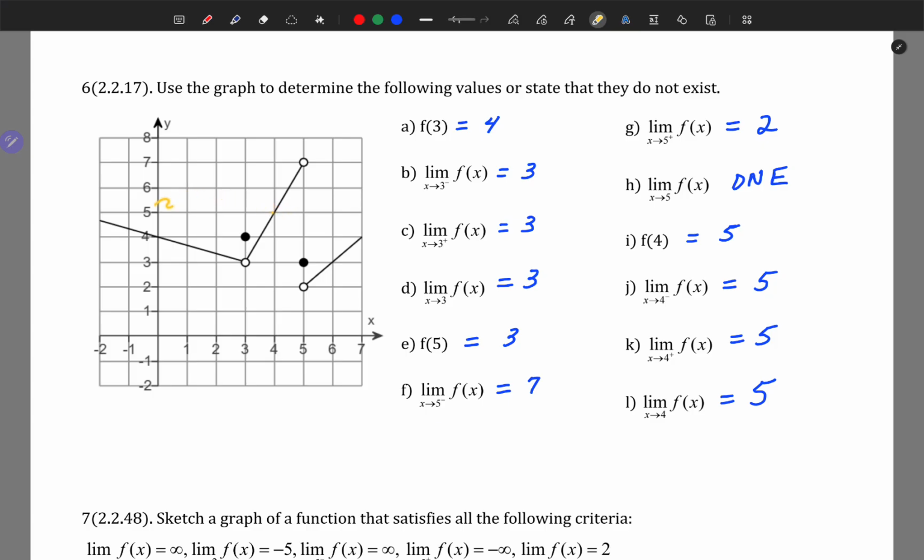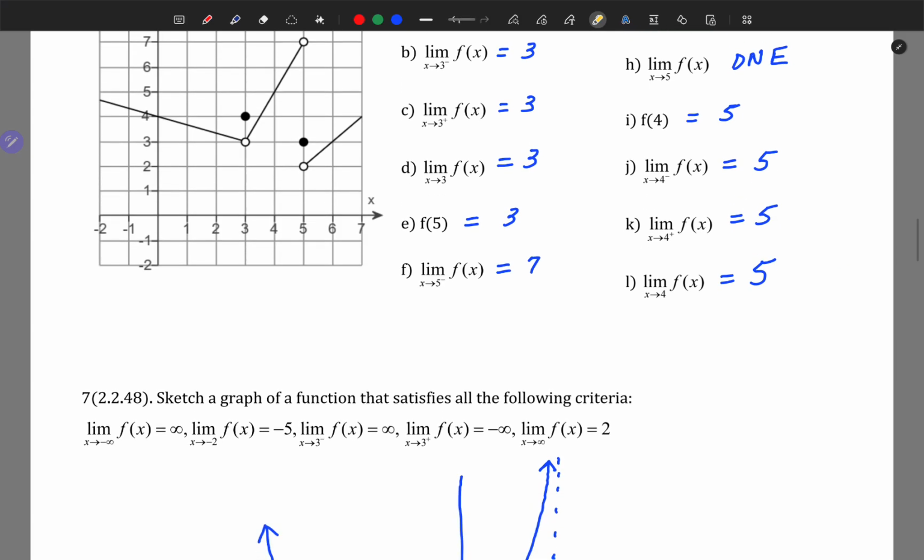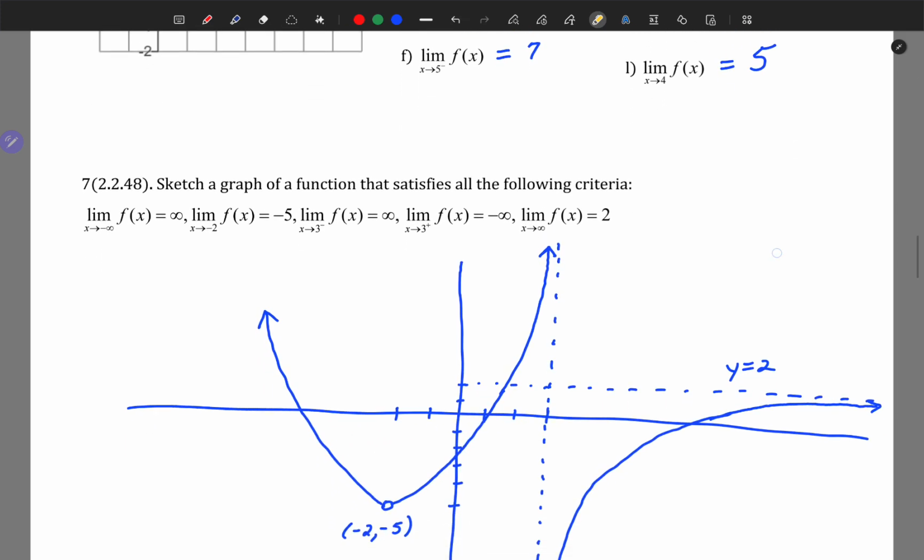The y value there is a value of 5. That's where that came from. Now, whether I'm approaching 4 on the left-hand side or 4 on the right-hand side, it's going to that exact same value of 5, which is why the limit as x approaches 4 from the left and right are both 5, and the overall limit as x approaches 4 is 5. It's a continuous function at 4.